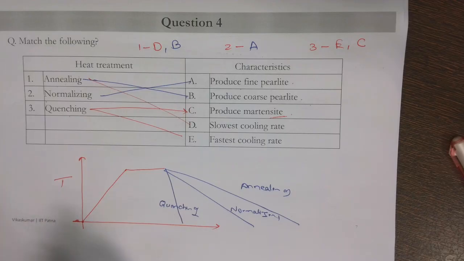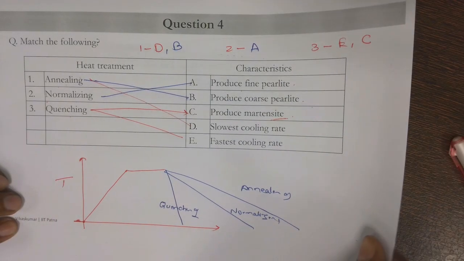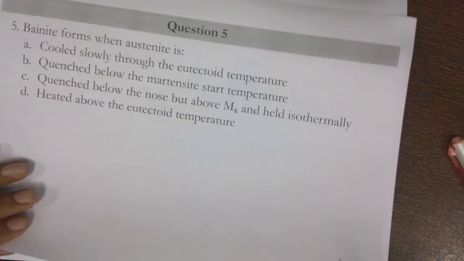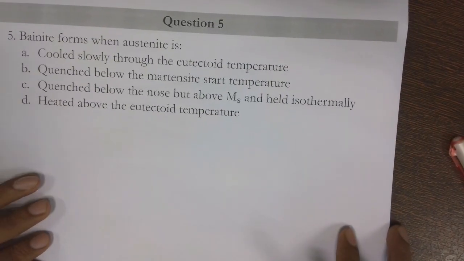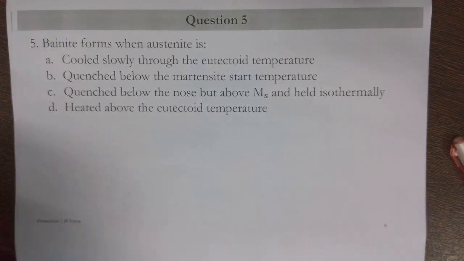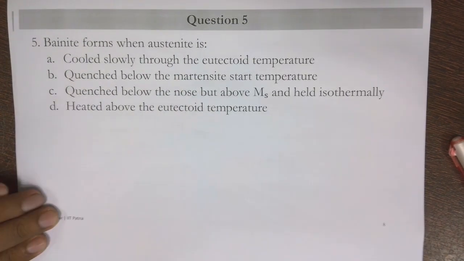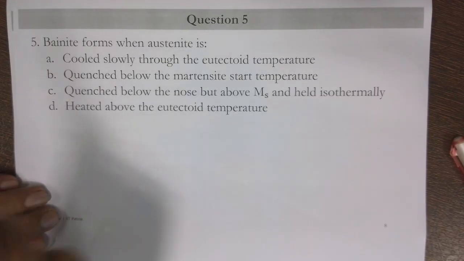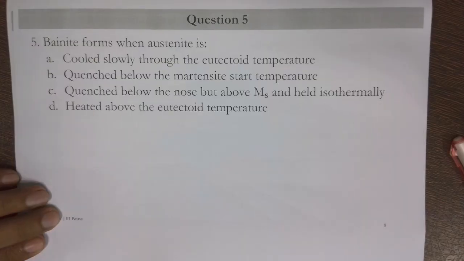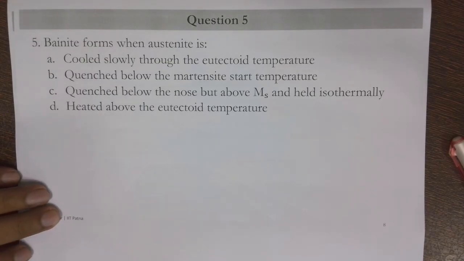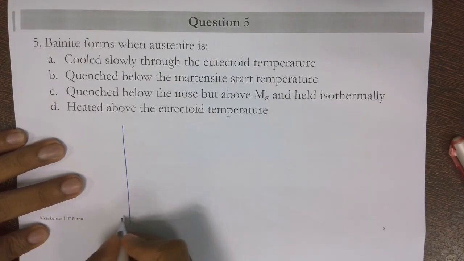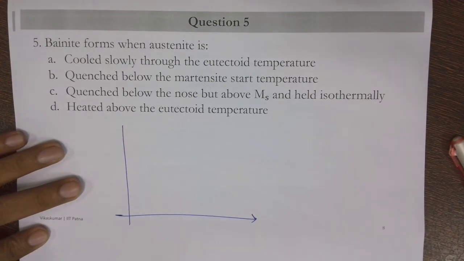What is a bainite? A couple of phases we have not discussed. In the phase diagram, bainite is one of them. This is the martensite start. Till now we were cooling at a particular rate, like this, then like this, and also quenching.